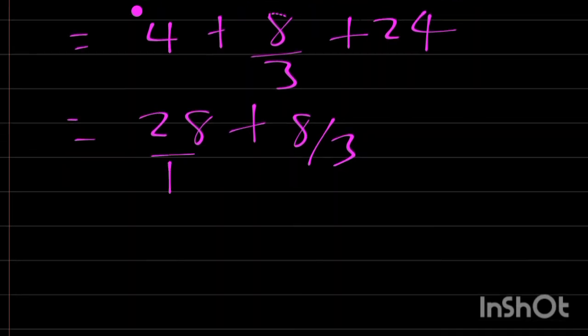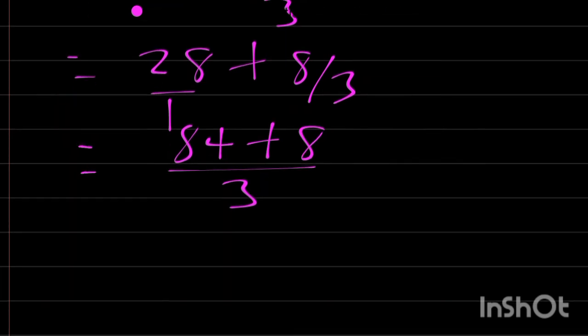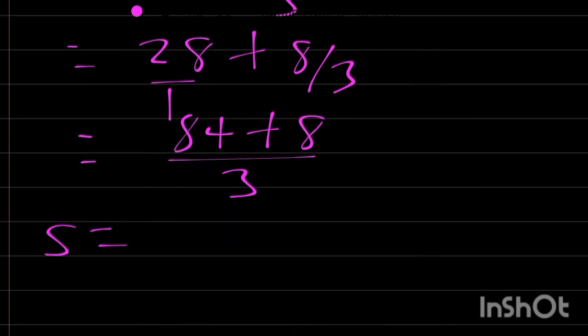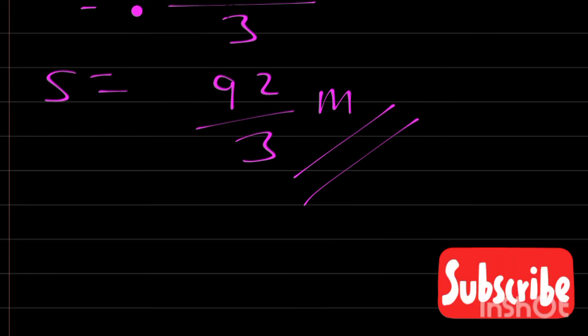So let's evaluate this further. I have 3 times 28, we have 84 plus 8. Therefore, my distance is actually equal to 92 over 3 meters.